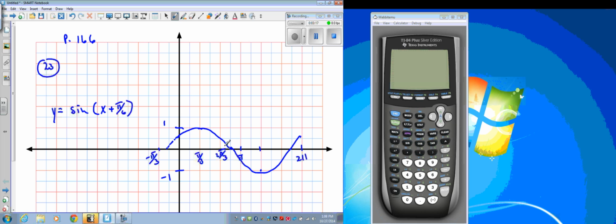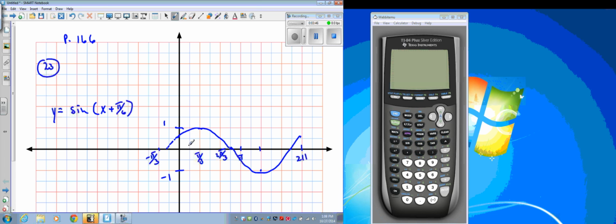And the book says 23 is cosine of x minus pi over 3. And it says it's a phase shift forward, and I guess it could be that.